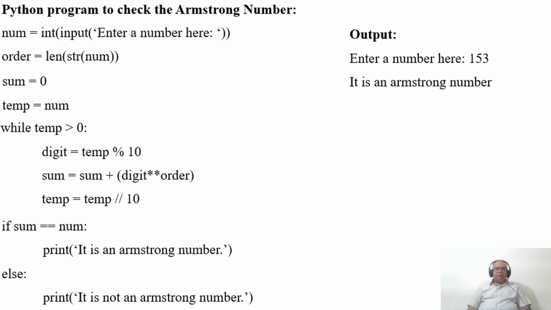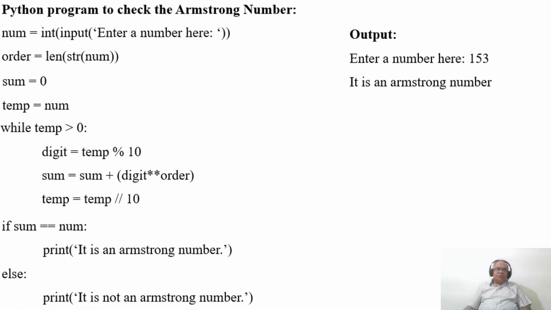Basically, the moment I give an input, it is always considered a string. But I want to find the order of the entered number, that means the length of the entered number. But the length function is used only for strings, not for numbers, and the entered number here is an integer.